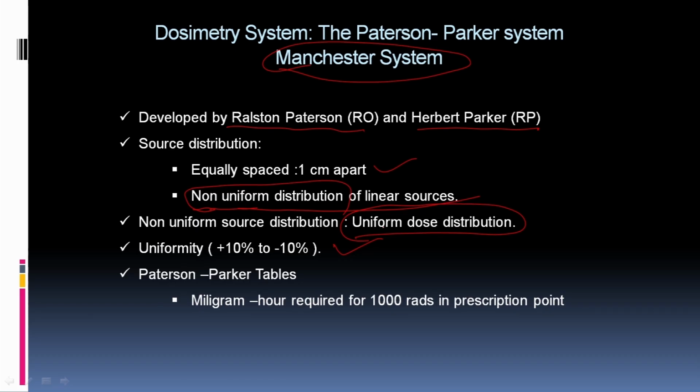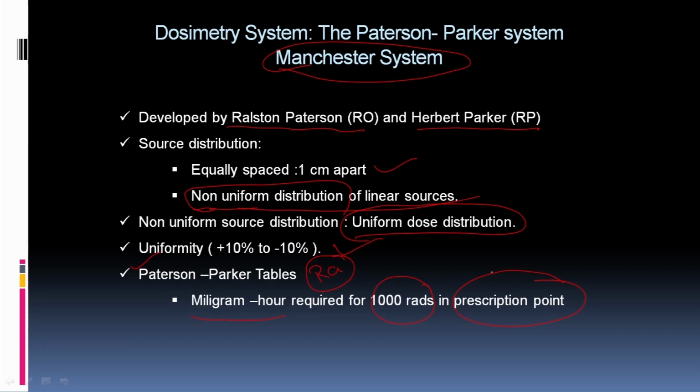They also gave some tables, known as the Patterson-Parker tables, which give us the amount of radium. Again, it is the era of radium applications, where the amount of milligram hour of radium is required for 1000 rad at the prescription point. So, this is the dosimetry system defined as the Manchester system, developed by Ralston Paterson and Herbert Parker.